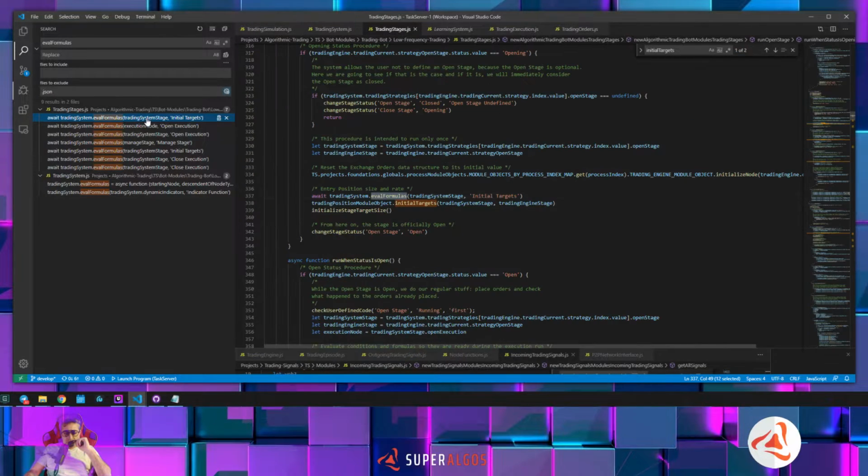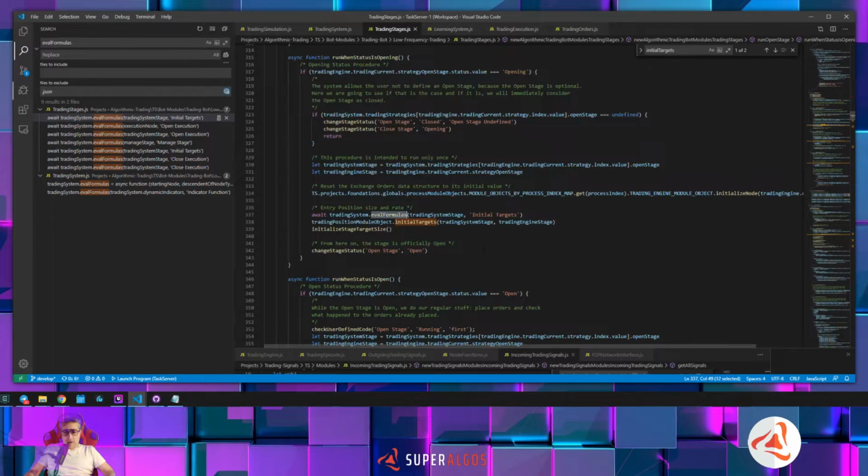So my guess is that there is no problem. Trading stage, initial targets. I will make sure this exists.